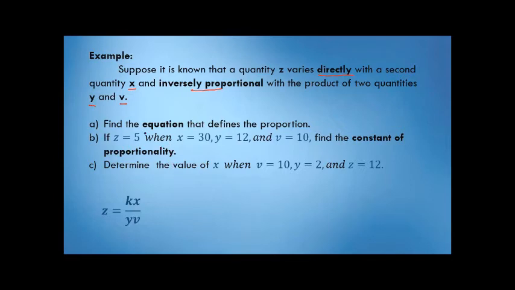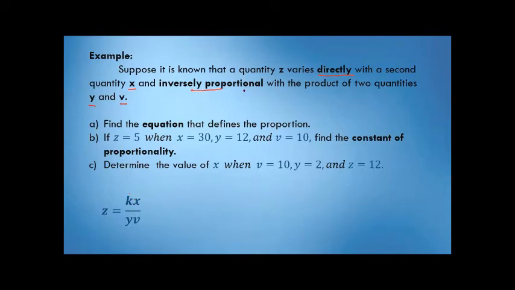Okay, for letter A, find the equation that defines the situation or the proportion. So, sabi, ito ang magiging equation natin. Z is directly proportional to X. So, dahil directly proportional to X siya, meron siyang constant na K. Okay, so nasa numerator sila parehas. Direct proportion.